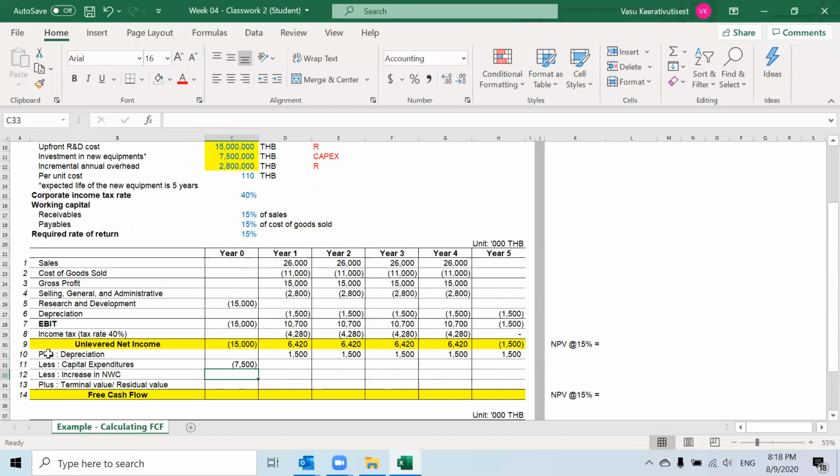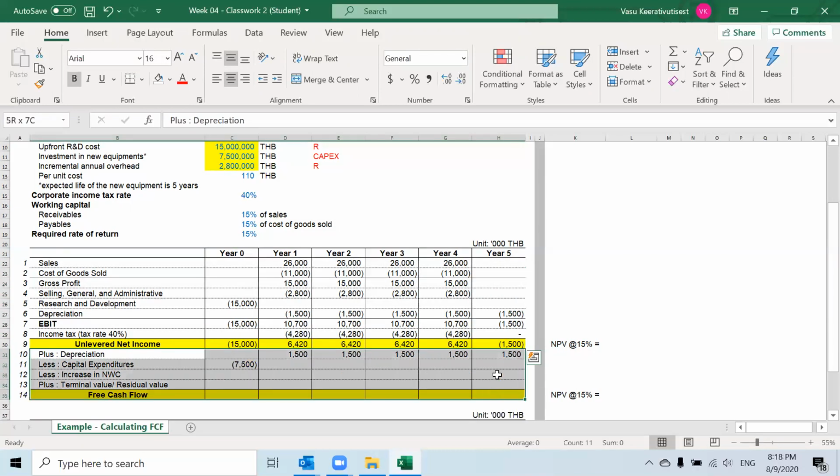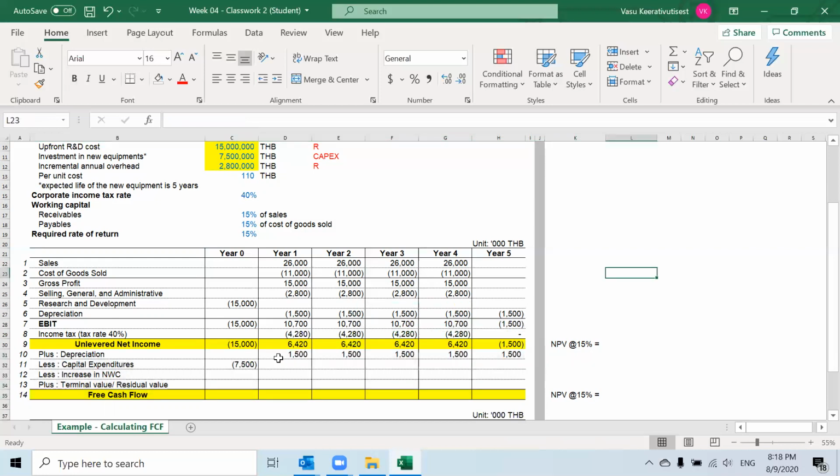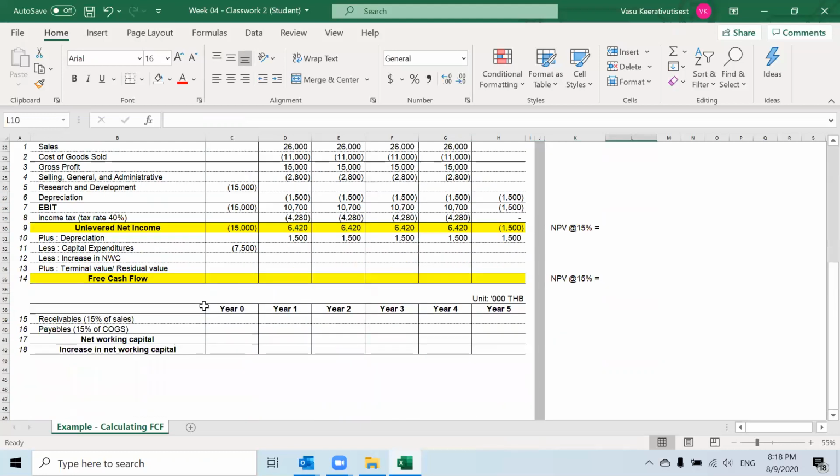So you can see that the upper part of this table is the projected income, and the following part is the free cash flow. Based on this case, we don't have any residual value or terminal value. So we need to calculate these numbers together.